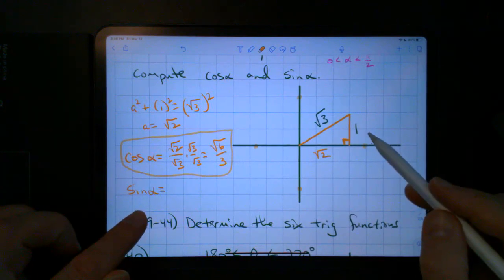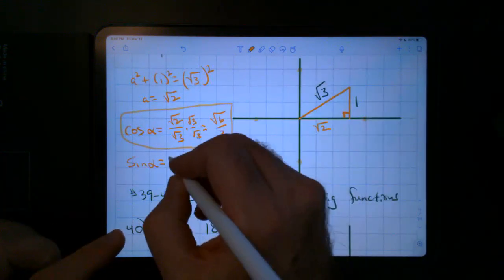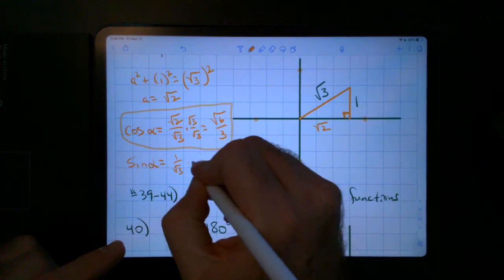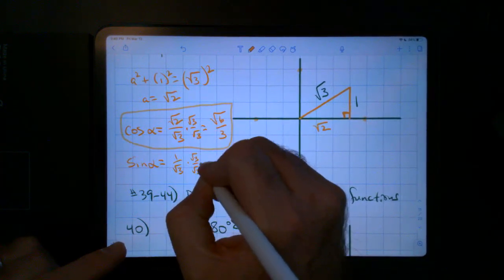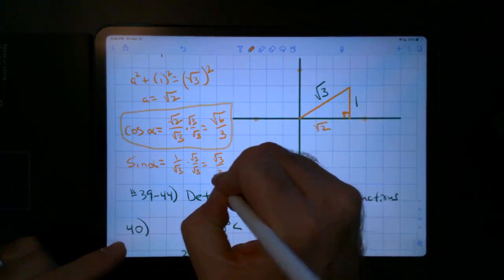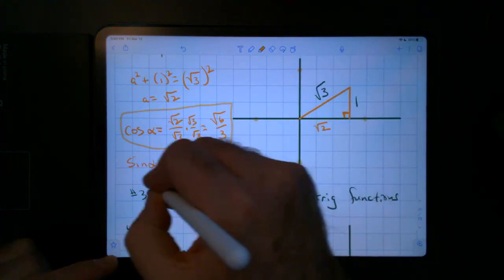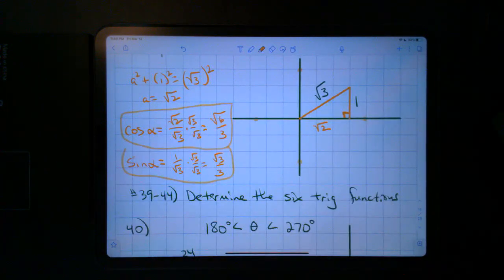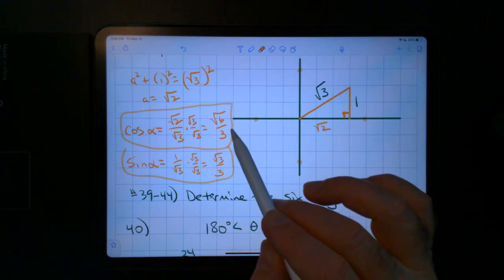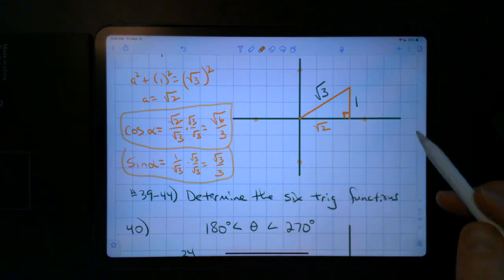Your sine is your y, so this would be 1 divided by radical 3. Rationalize the denominator, and we have that cosine of alpha is radical 6 over 3. Sine of alpha is radical 3 over 3.